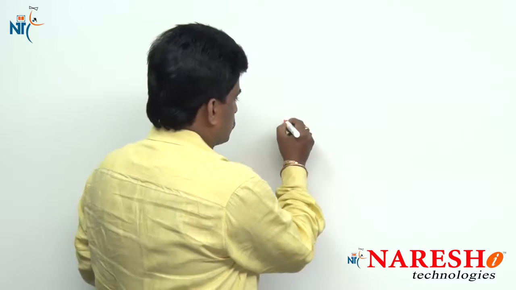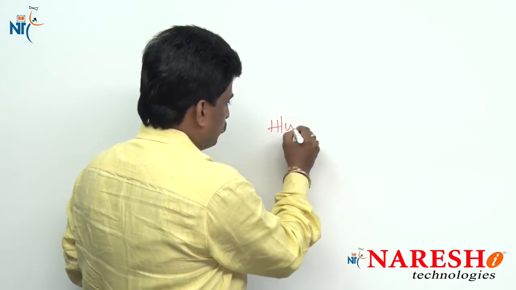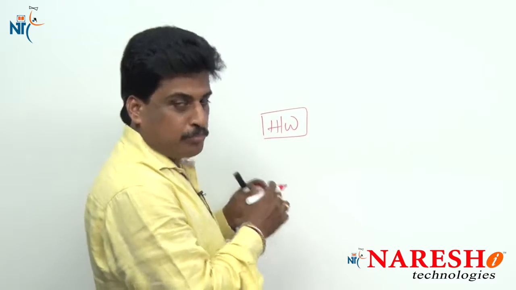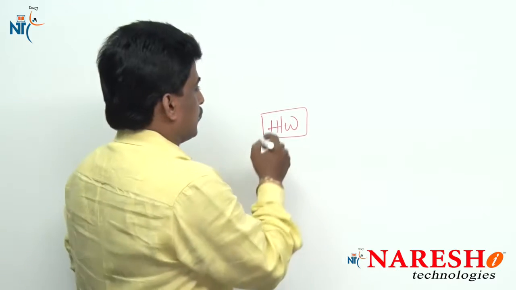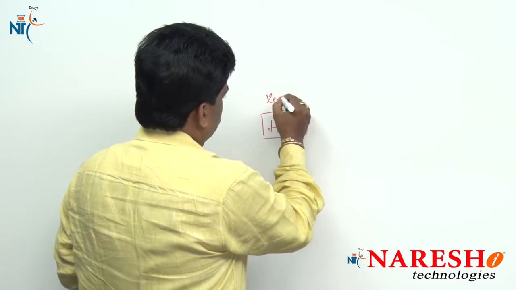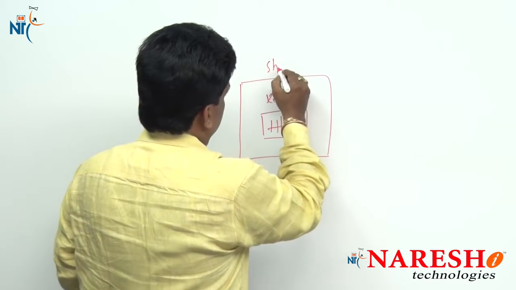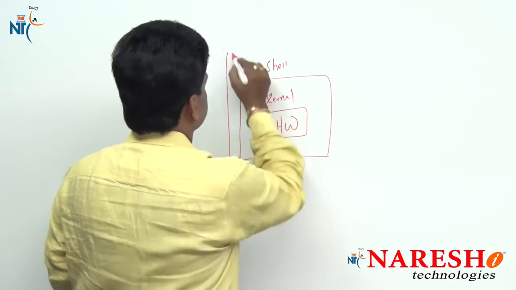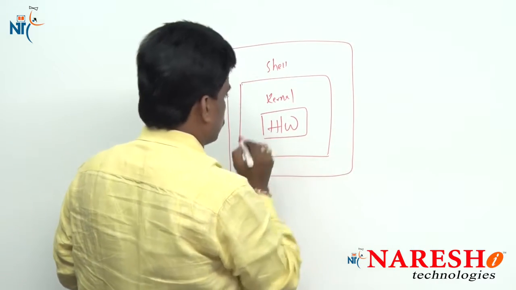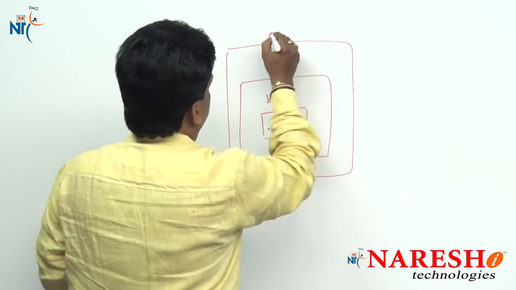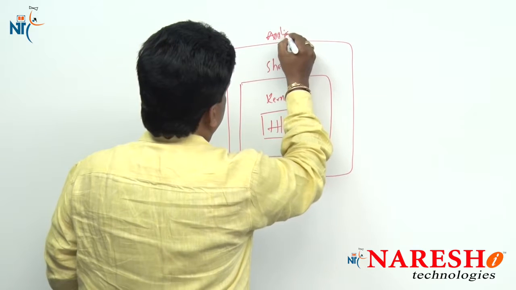Whenever we are talking about the UNIX architecture, first I need to say hardware. It is a low level component. After hardware, there is the kernel. On top of the kernel is the shell. On top of the shell are application programs.